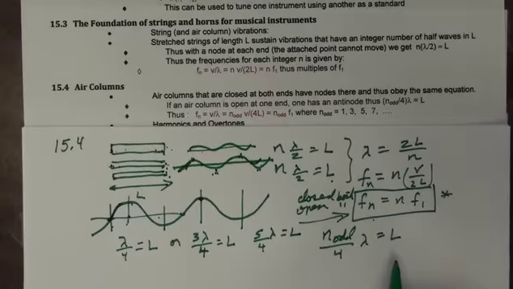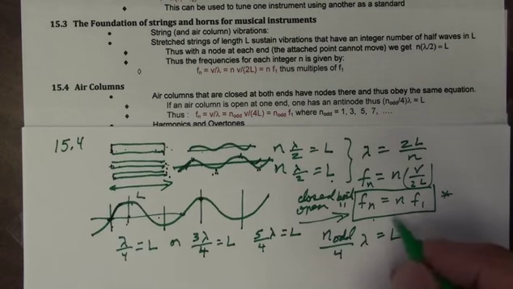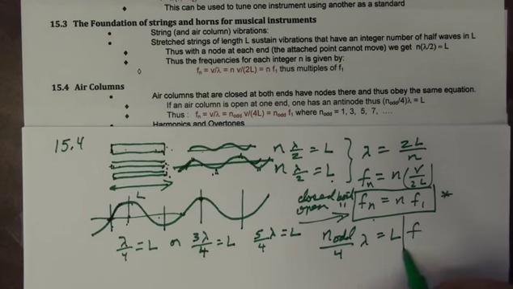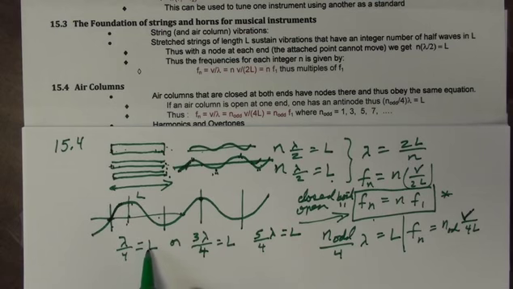And that gives me an equation which says that the frequency is going to be equal to the velocity over the wavelength, which is n odd v over 4L. Now, if I take that and look at this v over 4L, that's the first one.